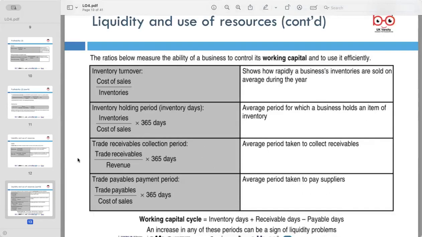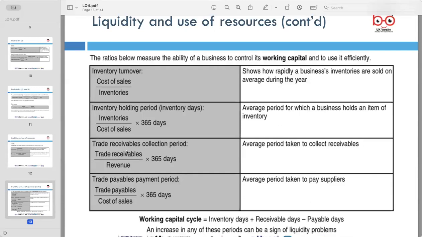Now, working capital and efficiency ratios: inventory turnover and inventory holding period measure how efficiently a company manages its inventory. Inventory turnover compares the cost of sales to average inventory levels, indicating how quickly inventory is sold during the year.